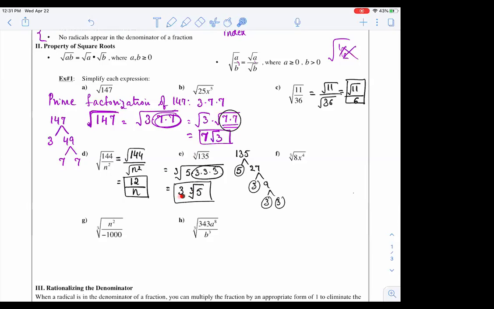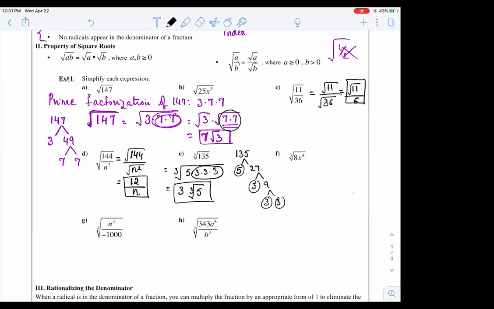No, this 3 is outside. Because we have a triple. Every time we have triples, one of them goes out and the rest vanish. Okay? And the only thing that's remaining inside the radical is the 5. Okay, next problem.